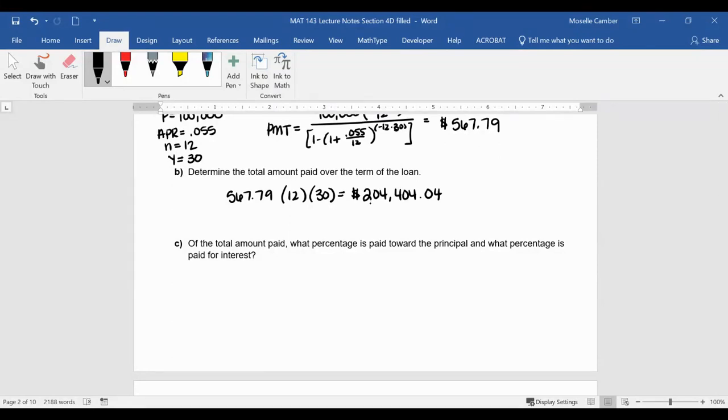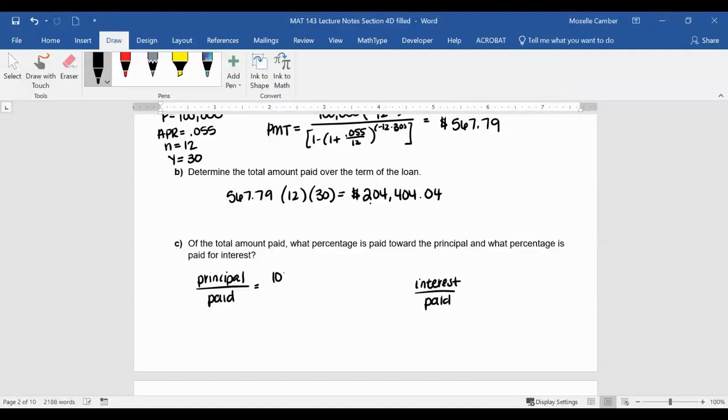Of the total amount paid, what percentage is paid towards the principal and what percentage is paid towards interest? So we have our principal over paid, and we have our interest over paid. Okay? Because it says what is paid towards the principal of the total amount paid.